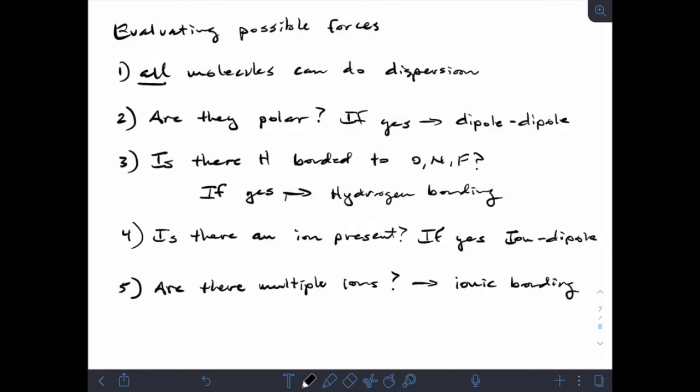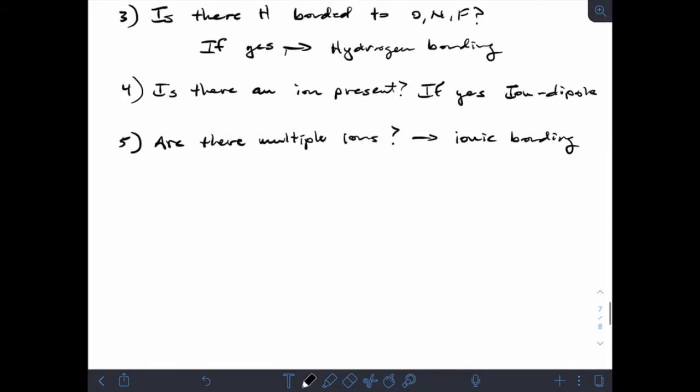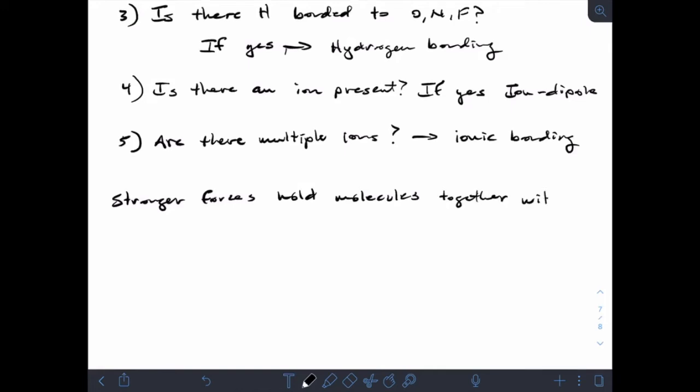Okay, so let's come back to why it's important to evaluate what types of forces and to get an idea of how strong the forces are. Okay, stronger forces hold molecules together with each other.